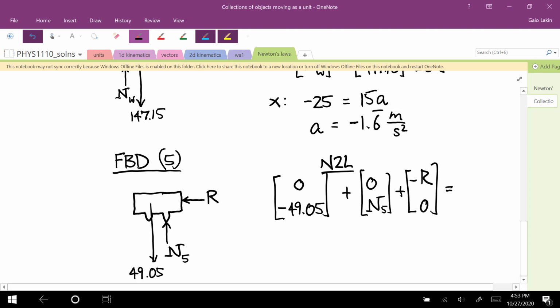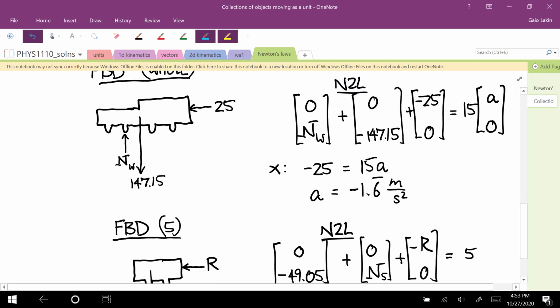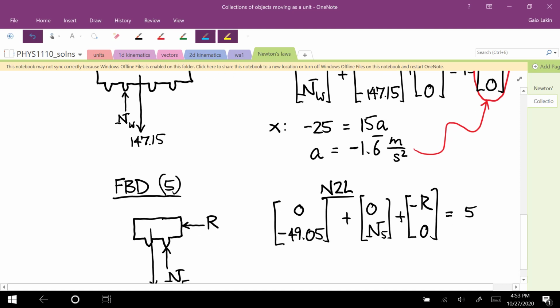So now we just have to deal with the mass times the acceleration. The mass of our new system is 5. And the acceleration vector is what we get from substituting negative 1.6 repeating into this acceleration vector. Okay, and so that's negative 1.6 repeating, 0 for y.